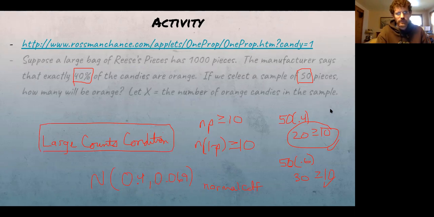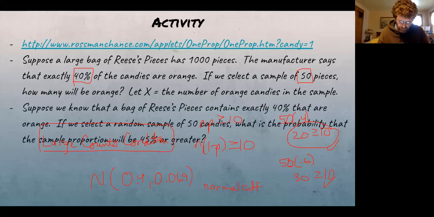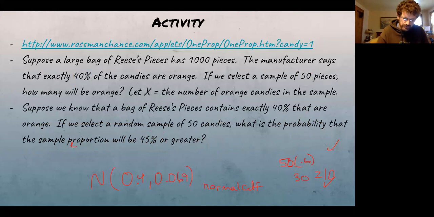All right, so I said that was the last one. Here's the real last question before we move on to the final bit. Okay, so I've got the normal model right there. I'll just leave it up. So now the question is, what's the probability that a sample proportion will be 45% or greater? So when we went back to the graph, what I showed was that all of your sample proportions should be really close to 0.4, but some of them will be away from that.